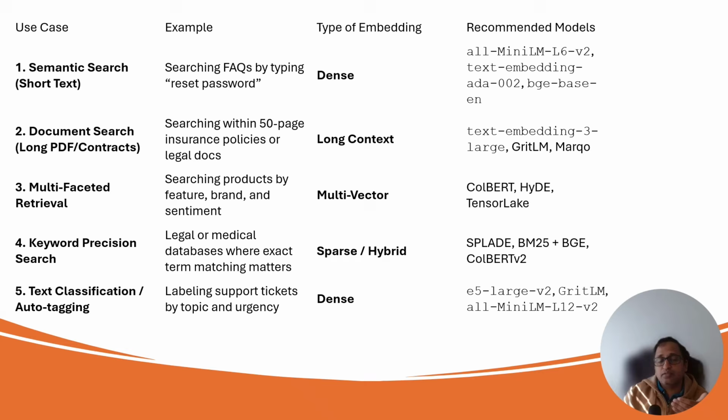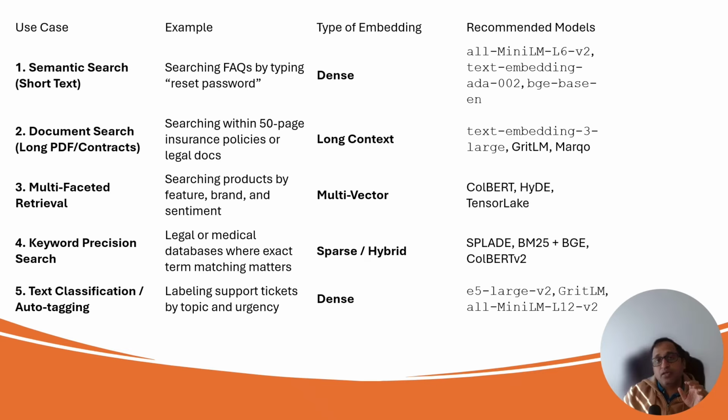Here a multi-vector embedding breaks the input into multiple semantic vectors, each capturing a different dimension like topic, sentiment, or entity. Something like ColBERT or HyDE, and Tensorlake, which offers multi-vector support out of the box. This type of setup works really well in advanced RAG systems, or if you are building something like a personalized recommendation engine.